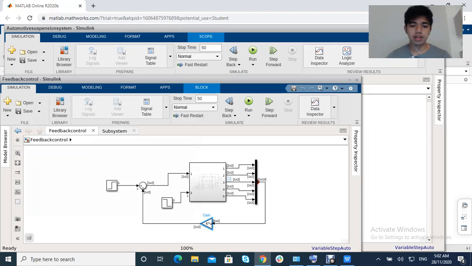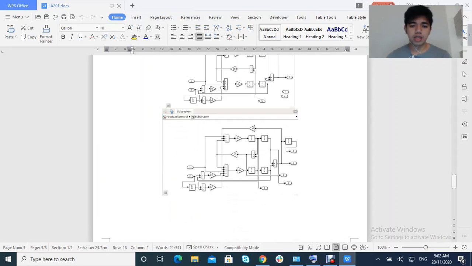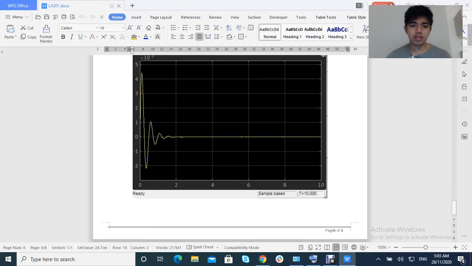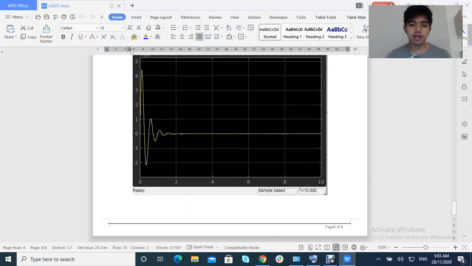Connecting all of that, you will have this given signal for the scope run. As you can see, it is different from the given automotive suspension system, the one given in letter A.